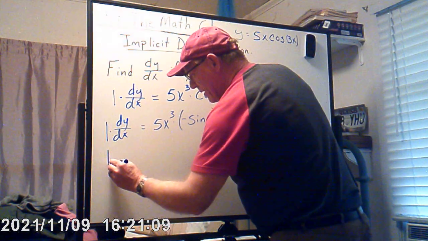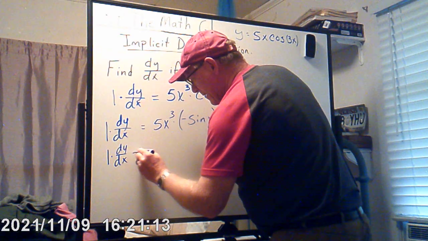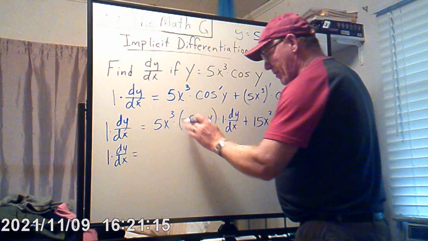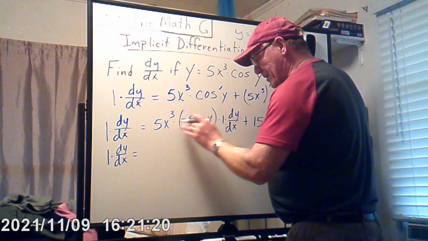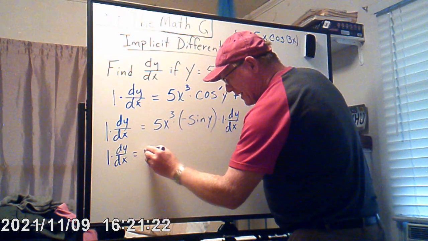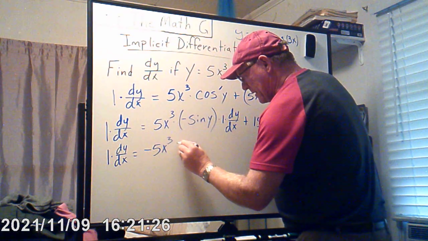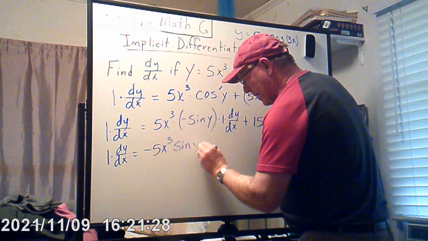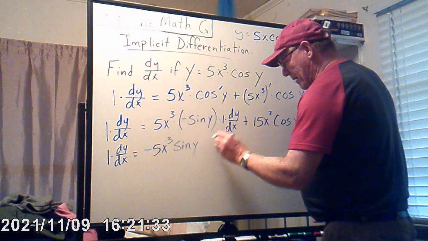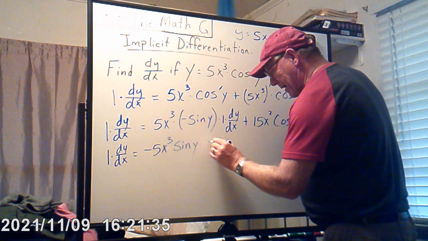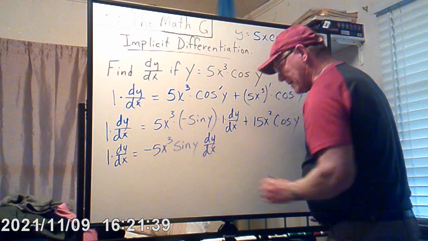Alright, so 1 times dy over dx is equal to a negative times the 5x cubed times negative sine y, which is negative 5x cubed sine y. Just move the negative sign in front here. Oh, we have to put that times 1, so times dy over dx.